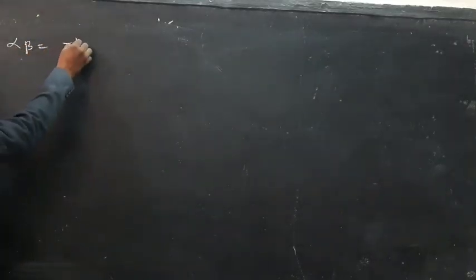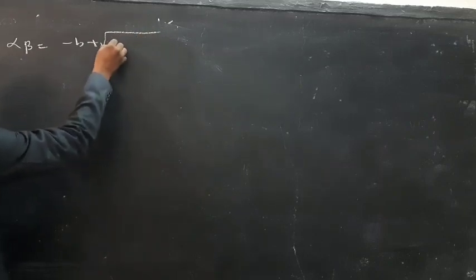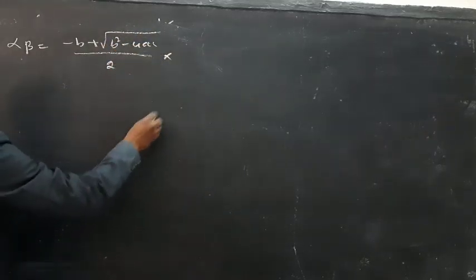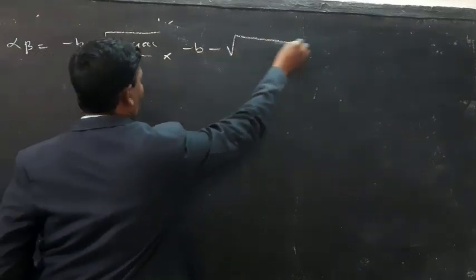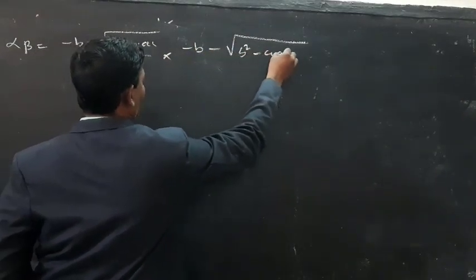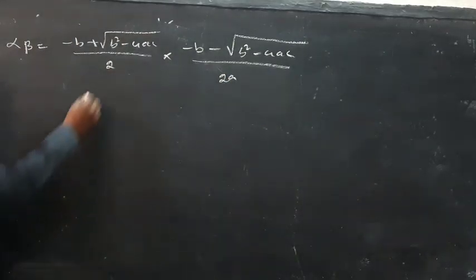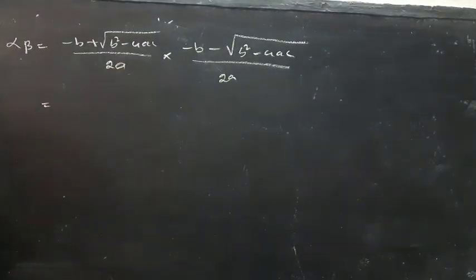Next, I need to find the product of zeros, that means alpha into beta. We took alpha as minus b plus under root of b square minus 4ac by 2a, into minus b minus under root of b square minus 4ac by 2a. Now take the numerators and denominators.